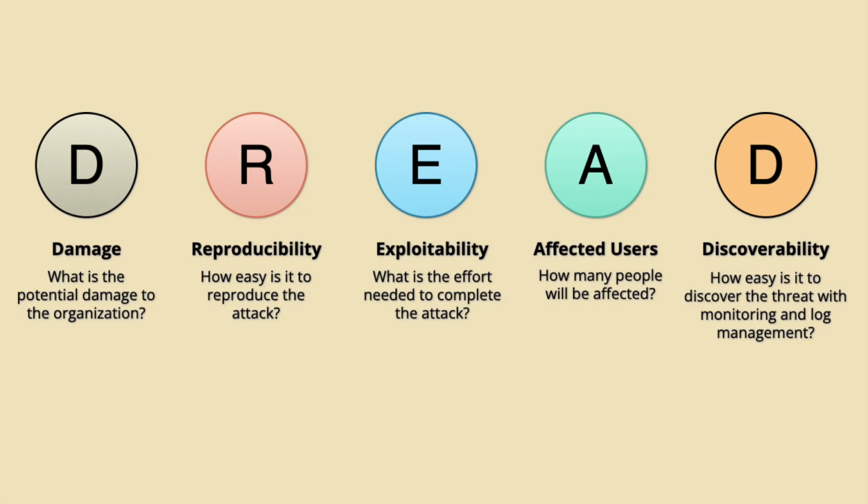DREAD is a risk analysis model used to rank and compare the severity of potential security threats by evaluating 5 specific factors: damage potential, reproducibility, exploitability, affected users, and discoverability. Each factor is assigned a score, typically using a numeric or qualitative scale, and the combined result determines the overall risk rating.